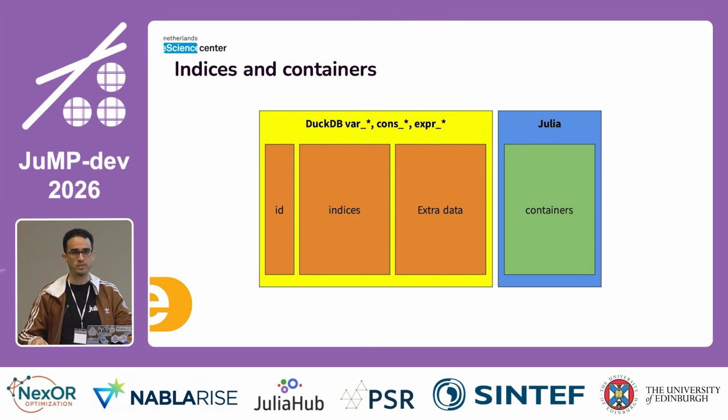But also we're going to want a numerical index to relate to the JuMP part of it. So we also have an index from 1 to the number of objects, and potentially extra data that might be useful in the model creation, like the lower bounds of the variables, or something that we're going to use when building the objective function later on. Whatever you want, you can just join that data either before or during the model creation.